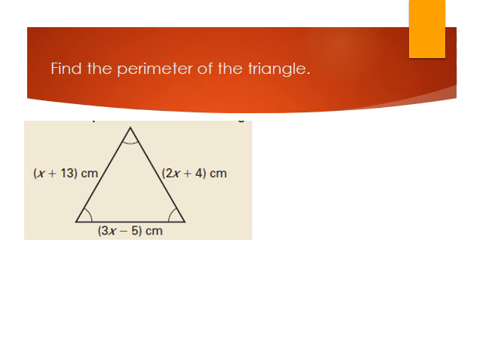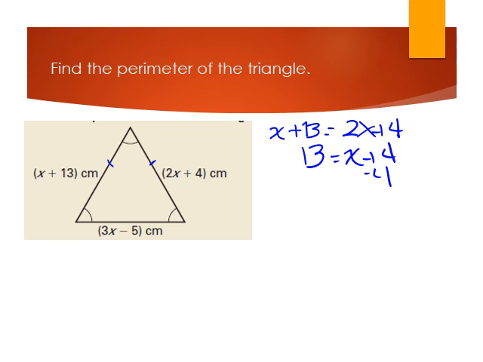Now, if I want to find the perimeter of this triangle, it's an equiangular triangle, which means all of the sides are the same. So I'm just going to take the easiest sides; I could take any two sides and set them equal to each other. So x plus 13 equals 2x plus 4. So 13, if I subtract x from both sides, equals x plus 4.